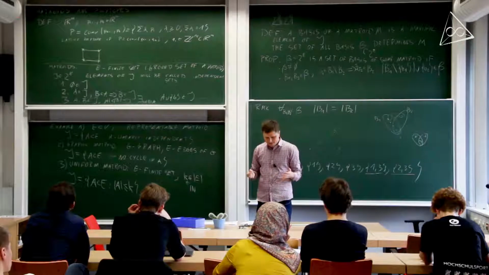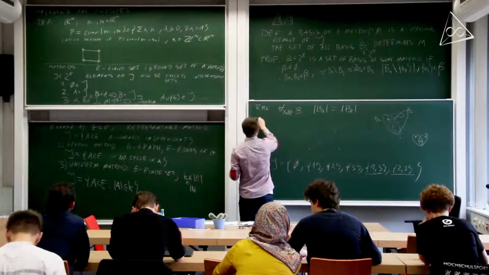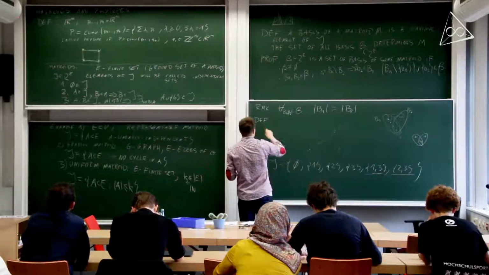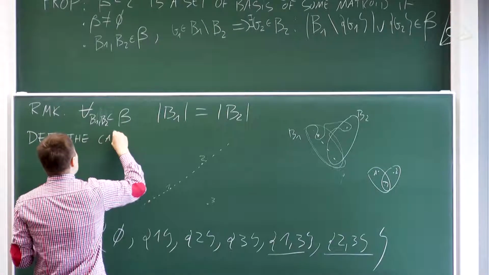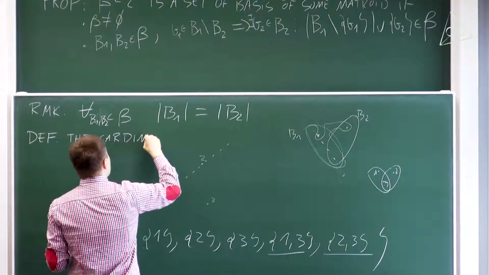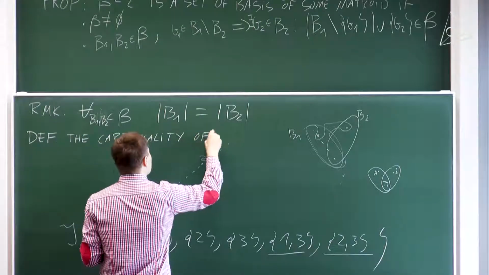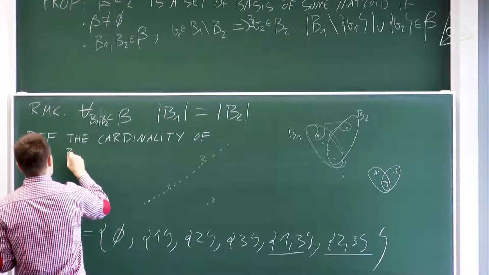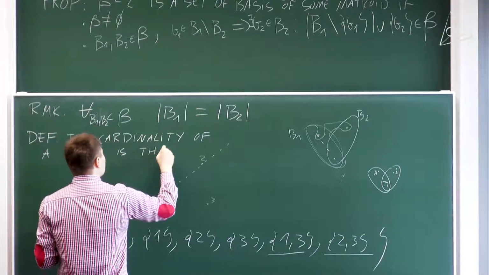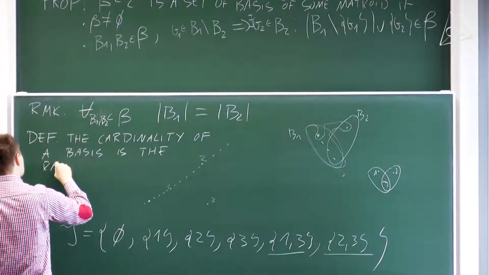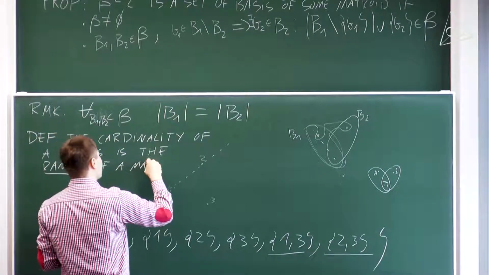Okay, so all bases are of the same cardinality, and this cardinality is known as the rank of the matroid. The cardinality of a basis is the rank of a matroid.